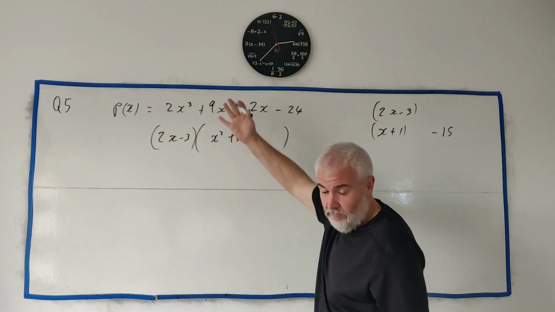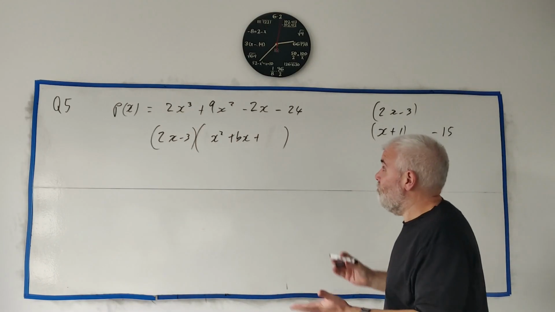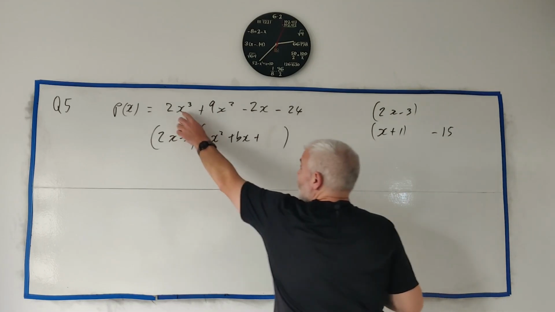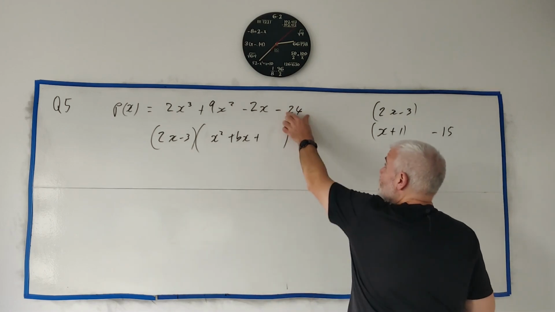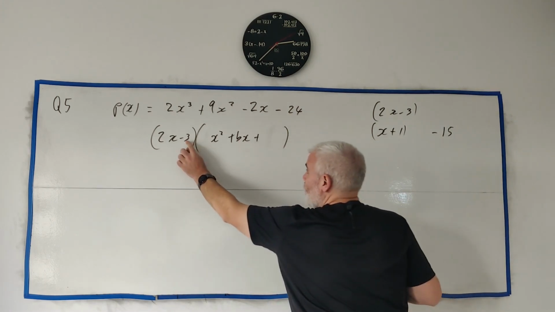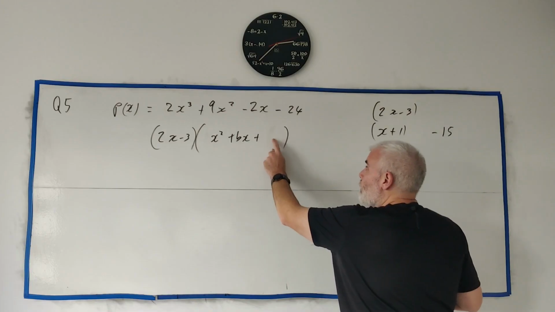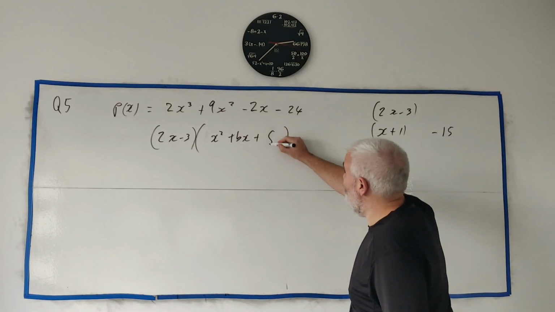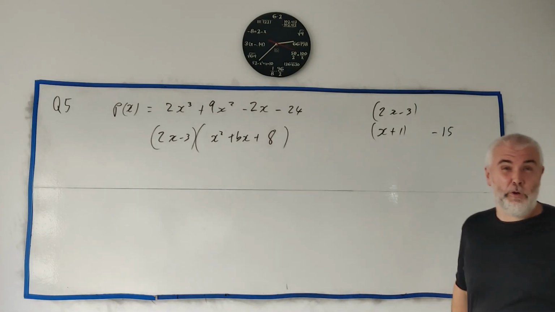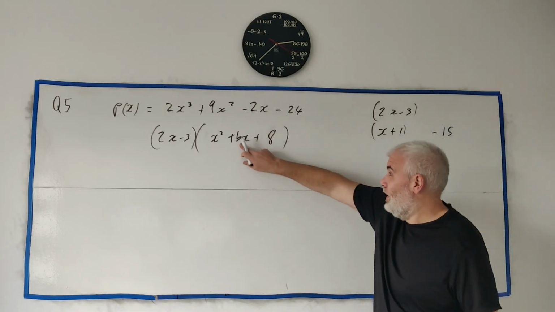Must be a 1 here, or we just leave it out. That's the only way we get x cubed. And equally so, this last number is only involved with this one and this one. What number must multiply by minus 3 to get minus 28? It must be an 8. So half your work is done. We're only trying to find out what this is.